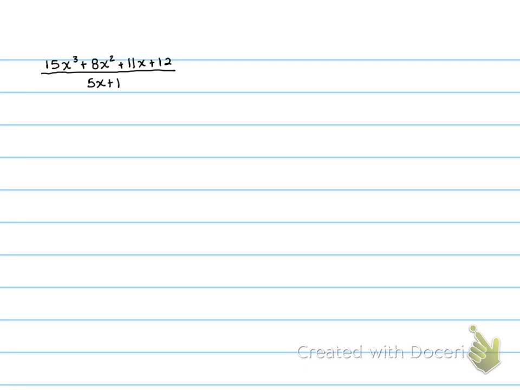So if you had a 16x plus 1 on the bottom, you can't do that problem, right? You would get fractional coefficients, which we're not going to worry about. You can still do it, but your coefficients would have to be fractions because 16 doesn't divide evenly into 15.